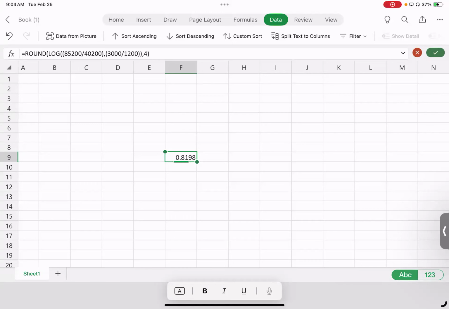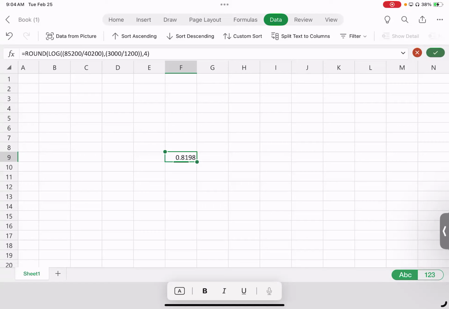Interesting. When I just did it regular, it works. So go to the math. For the log, it's right here.